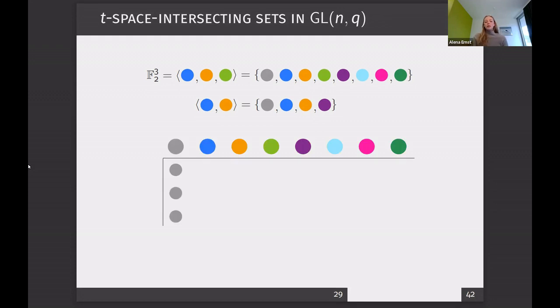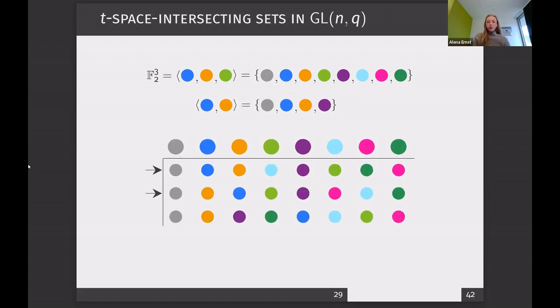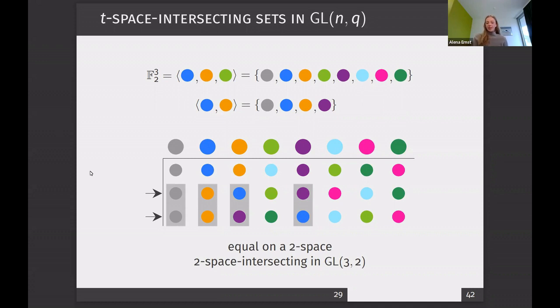So now taking, in this example, 2 rows, we see that they are equal on a 2-space. So the image of this 2-space spanned by blue and orange is again the 2-space spanned by blue and orange. And that would apply for any combination that I would take here. So this gives us a 2-space intersecting set.